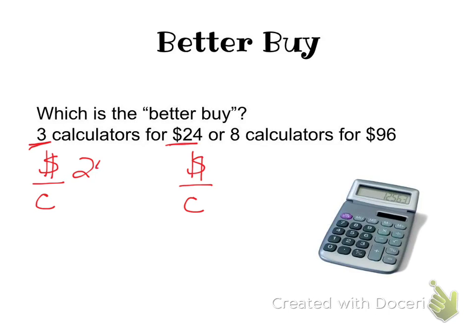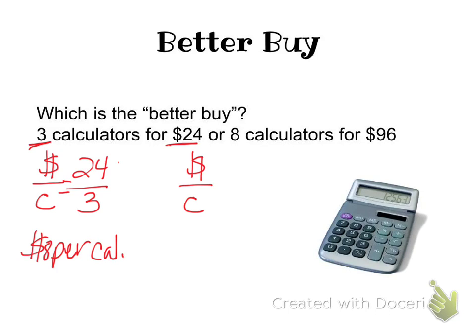So $24. Nope, that's the 4. Let's try that again. 24 over 3. Divide the bottom into the top, and what do we get? 8. Yep, it's $8 per calculator. Wow, left that off. Per calculator.